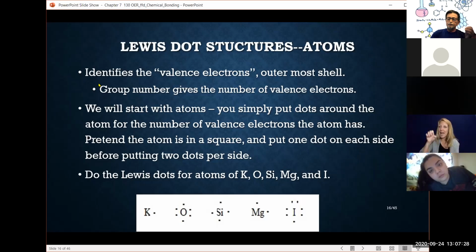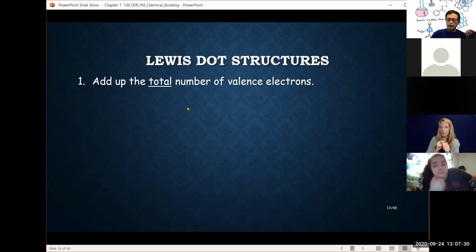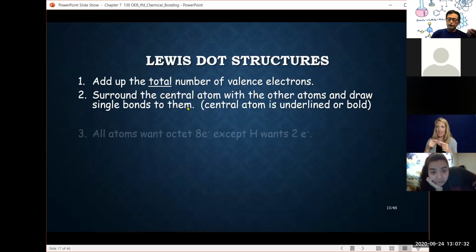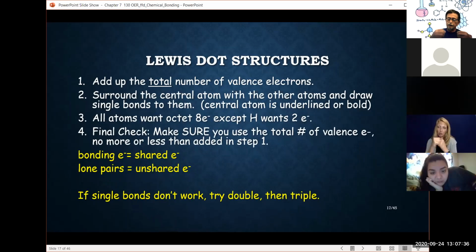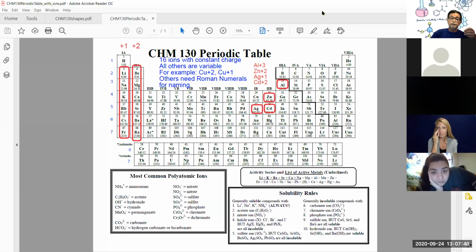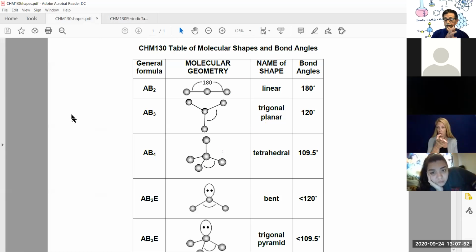Now, with respect to the chemical compounds, the Lewis dot structures, the function here is to give you an idea as to what the structure actually looks like. And so if you haven't downloaded the shapes table, do so, because we'll use that.